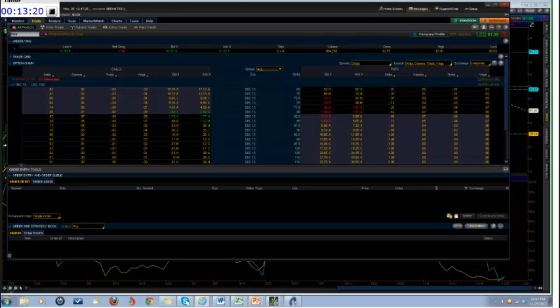Use the arrow. One second here. I'm looking, just bear with me, I'm not that familiar with this platform. I'm looking for the drawing tool. Arrow.